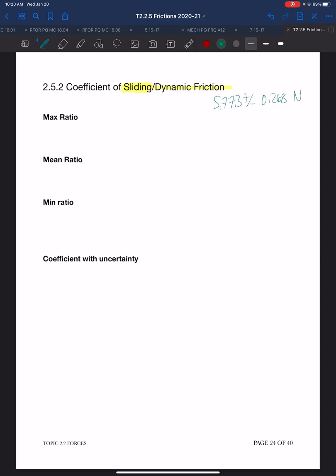So the coefficient of sliding or dynamic friction, the mu d, would be the force of dynamic friction over the force normal. The force of dynamic friction is 5.773, and the force normal we said was 10 newtons because it's equal and opposite to the weight.